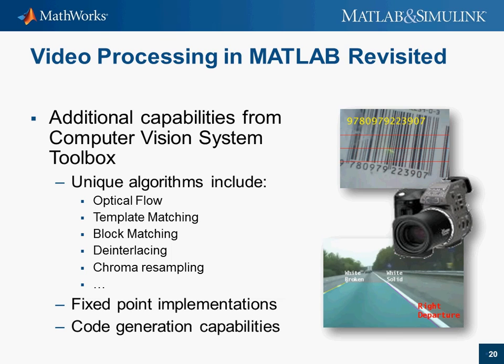For example, it can help us estimate motion and track objects and perform stereo vision. I've listed a few algorithms here that might help us in that area. But it also gives us features in converting an algorithm to fixed point, which is necessary to go to, say, a DSP or an FPGA. And it also helps us automatically generate code, which is really important when you want to rapidly develop an algorithm and try out new code without having to keep rewriting it.